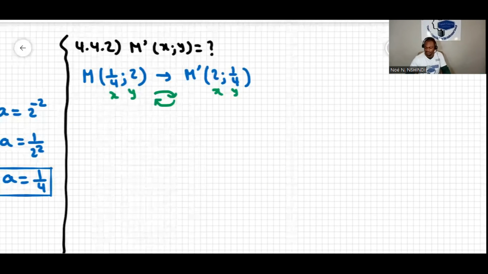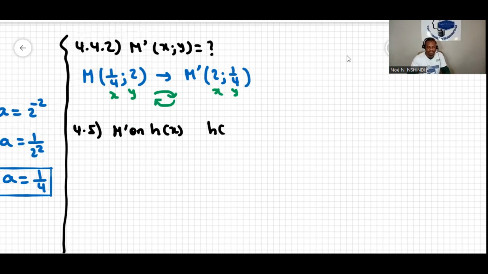And that's question 4.5. We're looking for the coordinates of M prime on H of x, and h of x is given by g of x plus 3 plus 2.